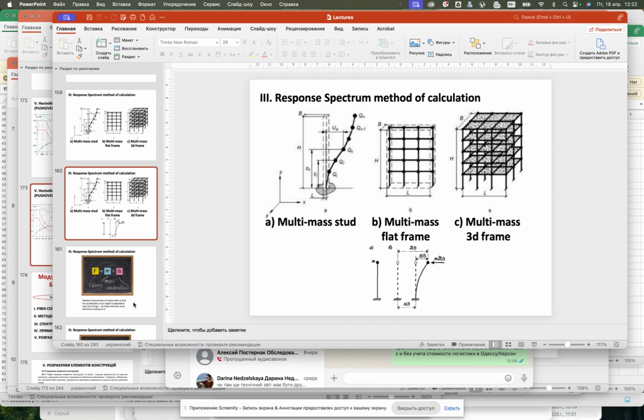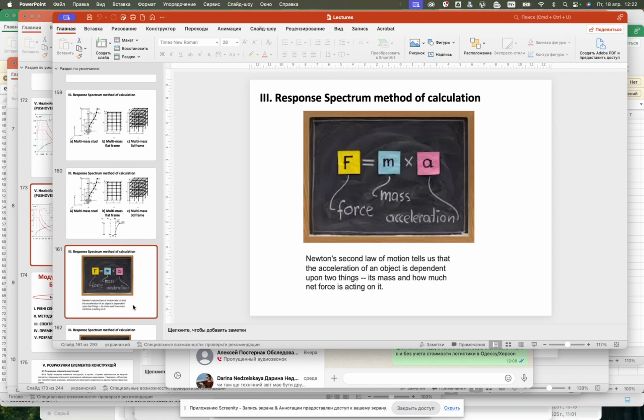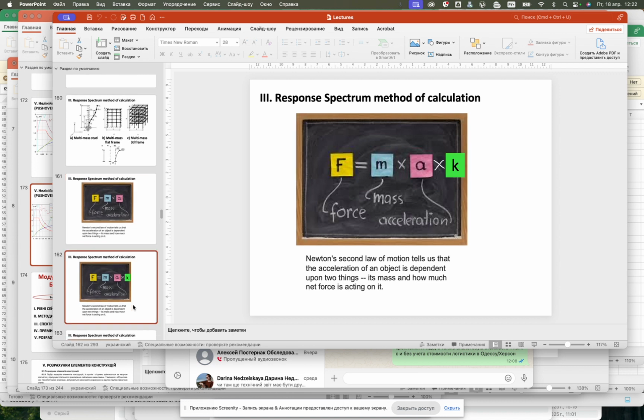Here is the basic formula for the spectral method of calculation, and as you see, it is based completely on Newton's second law. But when we're comparing seismic effects with regular effects, we have to admit that seismic effects have their certain specifics, and this can be accounted for by using the coefficient k.